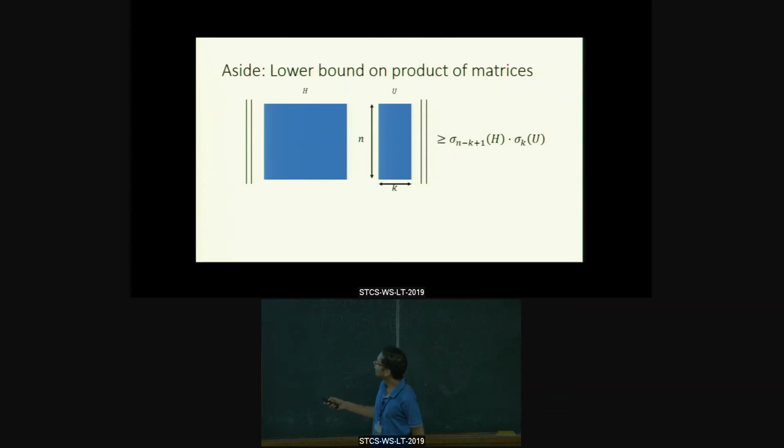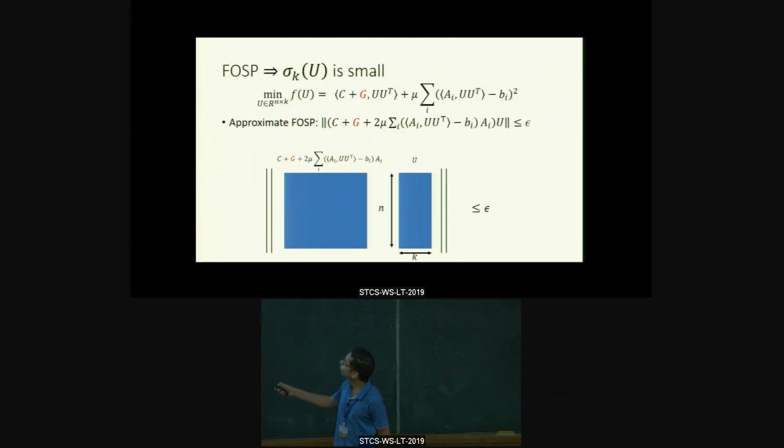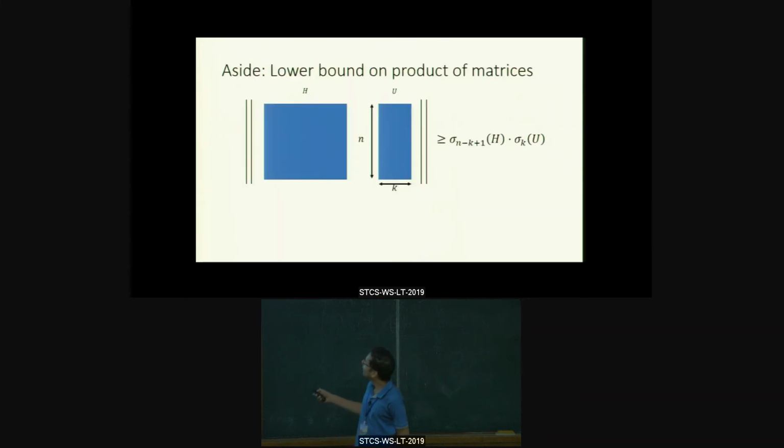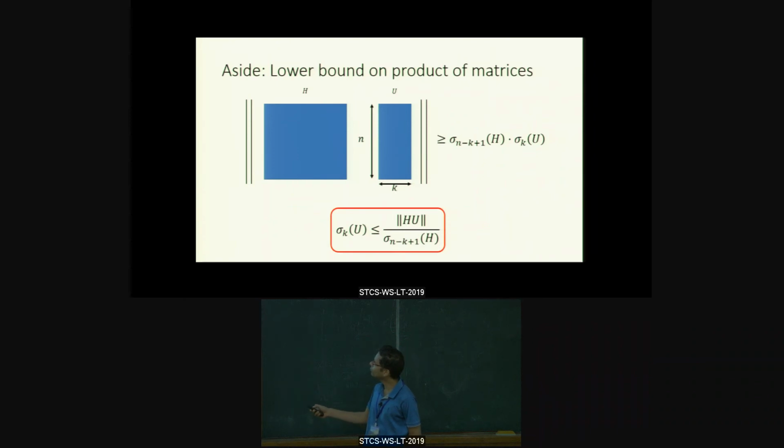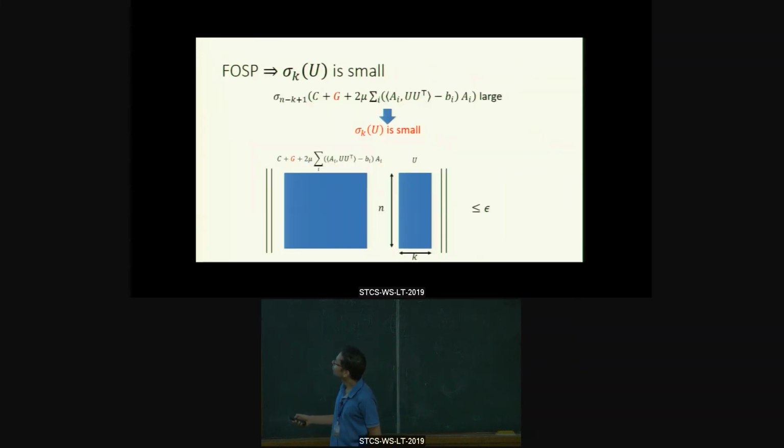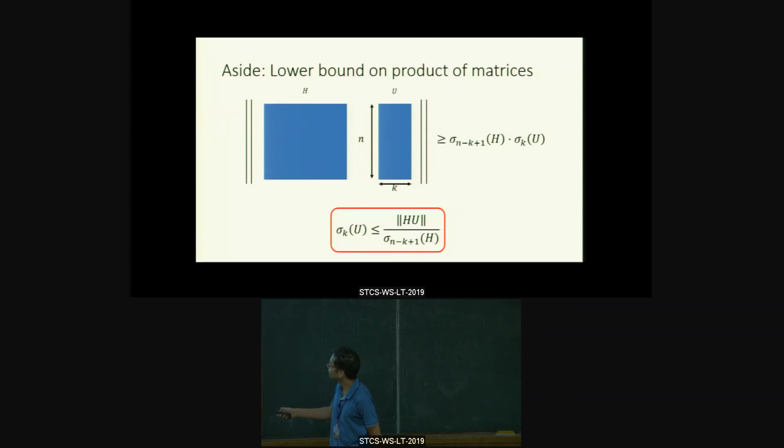Once you have this, recall that what we want to show is that sigma k of U is small, and this is precisely in the right direction. We can argue that sigma k of U is less than or equal to the norm of HU divided by sigma n minus k plus 1 of H. By first order stationarity, we already saw that the norm of the product is less than or equal to epsilon, and all we need to show is that the denominator is large.